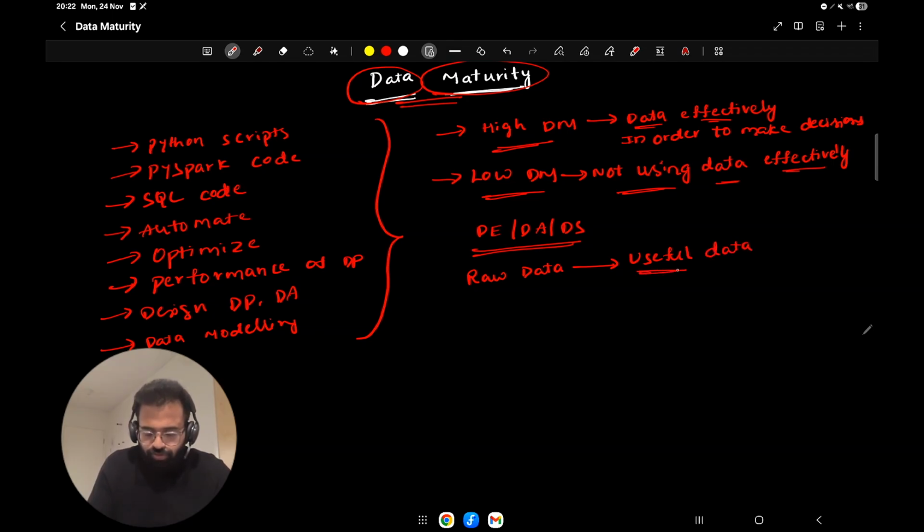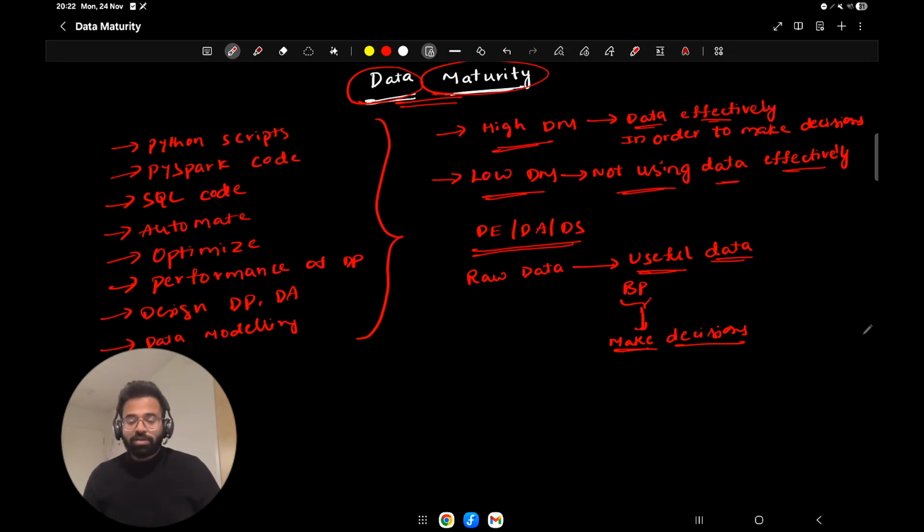Useful to whom? Useful to business people. And how will they use it? They will use it to make decisions, right? You might be wondering why they even need to make decisions.